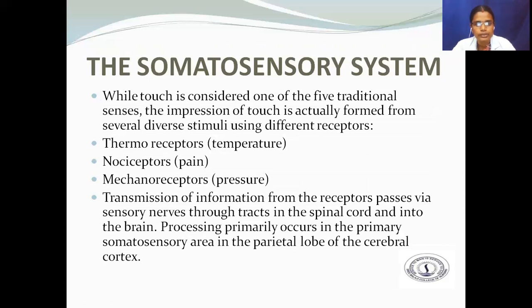Transmission of information from the receptors passes via sensory nerves through tracts in the spinal cord and into the brain. The processing primarily occurs in the primary somatosensory area in the parietal lobe of the cerebral cortex.